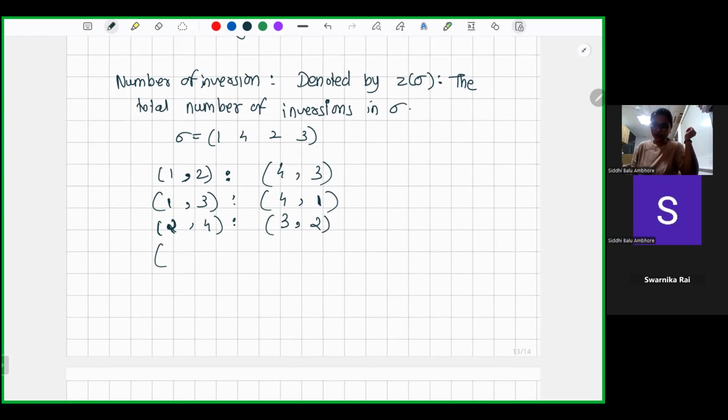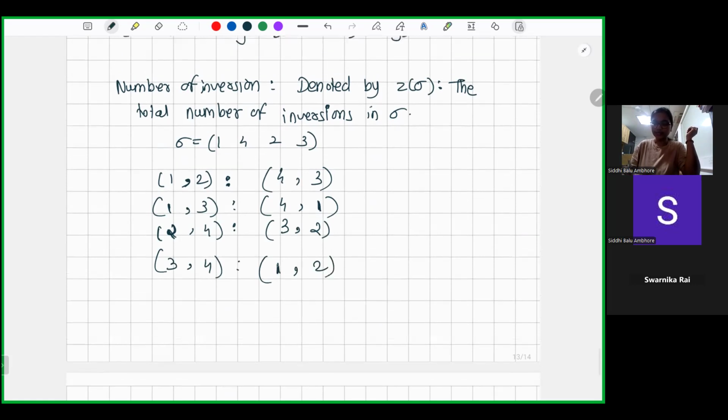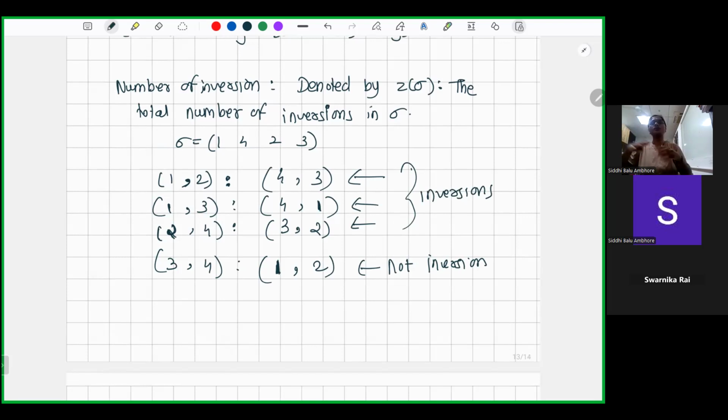For example, 3 is going to 1. If I take 3 and 4 now, 3 is going to 1 and 4 is going to 2. So here i is less than j, so this is not an inversion. All these were inversions, because the pair was switching the order and so on.